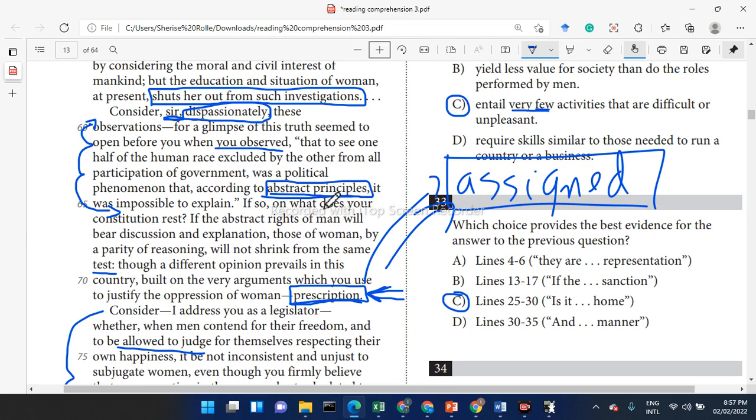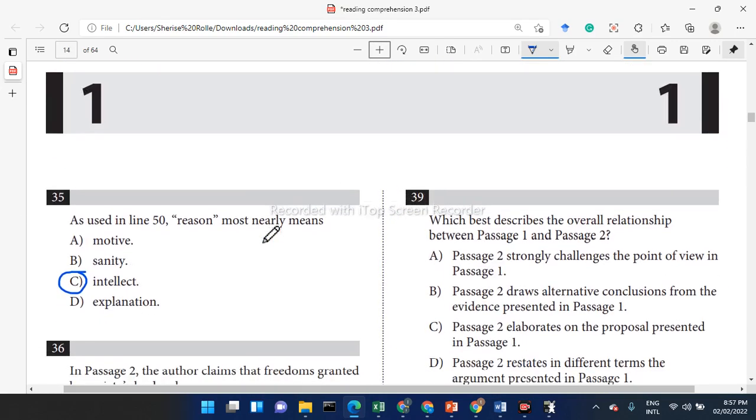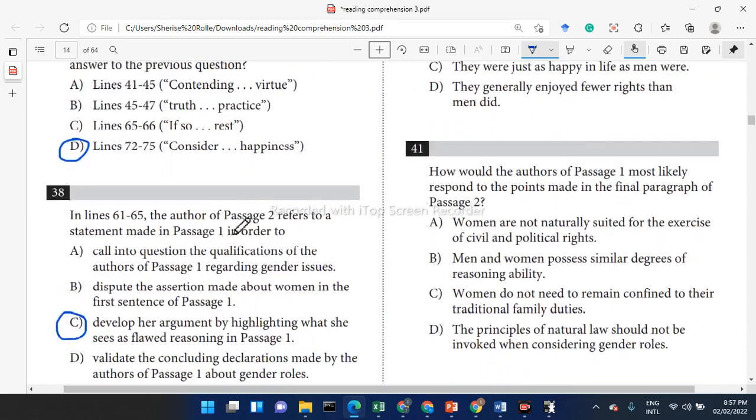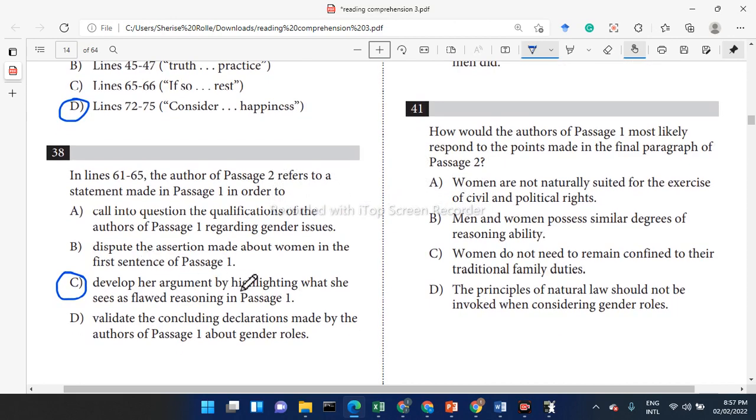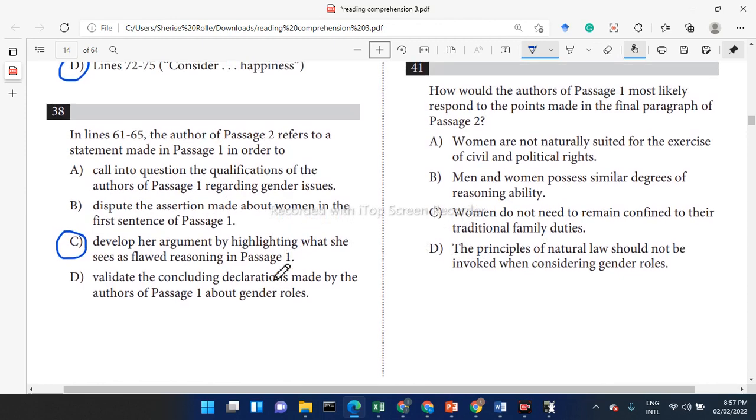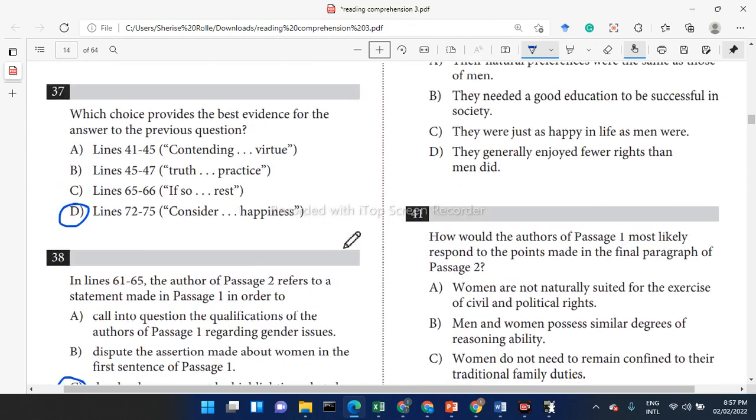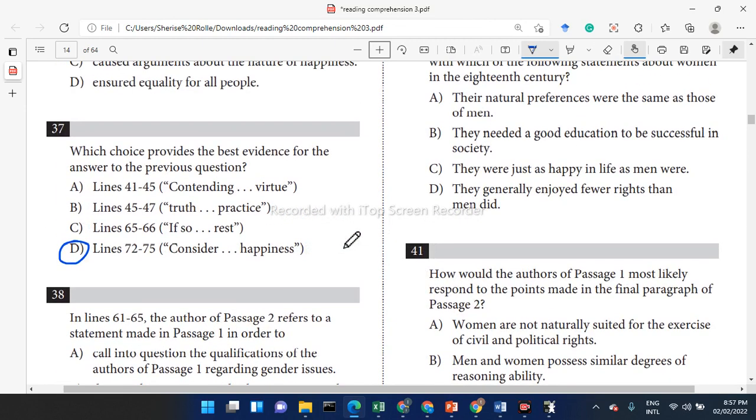Then if that's the case, then what does your argument rest upon? Okay. So she's trying to show that this argument is flawed, and to develop her argument as well. Okay. So number 39. Oh, we only have 3 more minutes left. Wow.